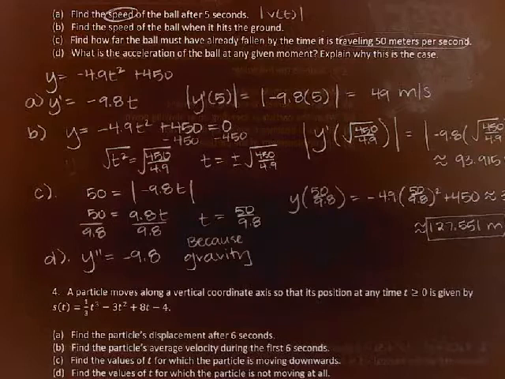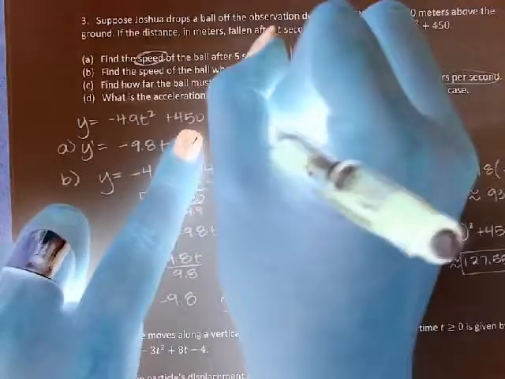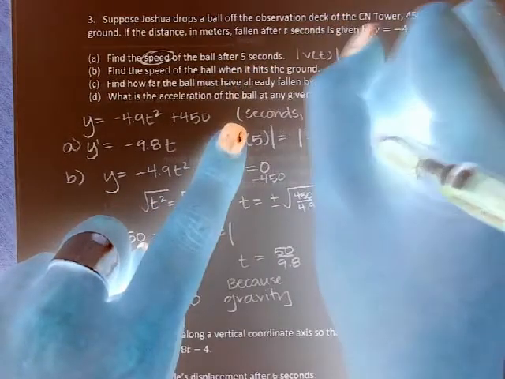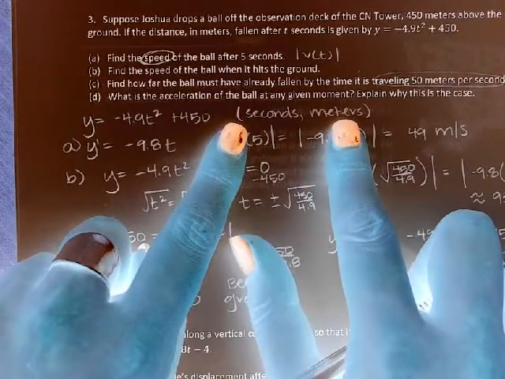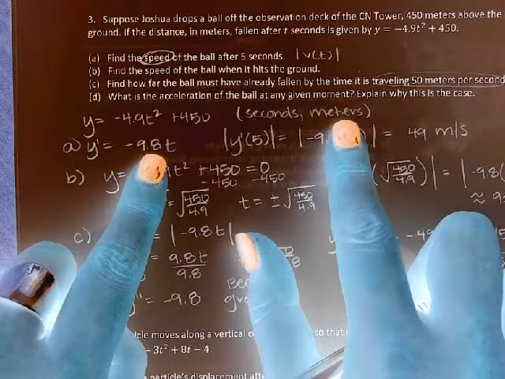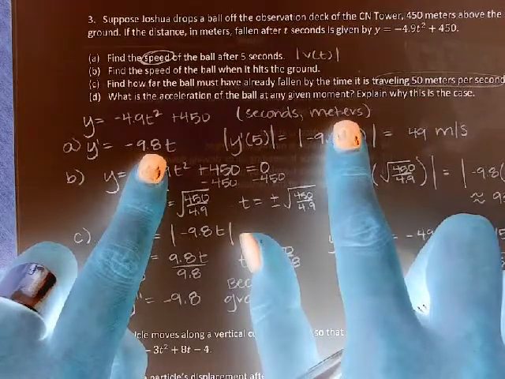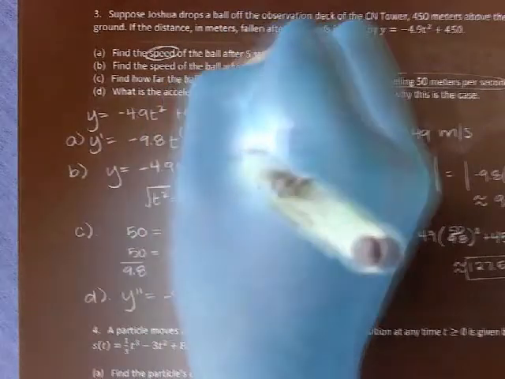So, hey guys, I need you to listen. When we talk about the position, the x-coordinate is in terms of seconds. The y-coordinate is in terms of meters. If you think about the first derivative, your x-coordinate is still in seconds, but your y-coordinate is the rate of change, which is meters per second.